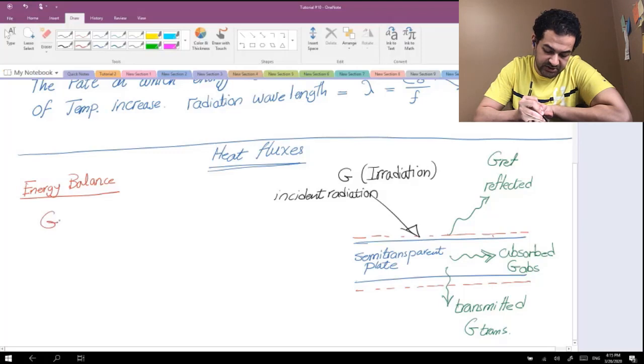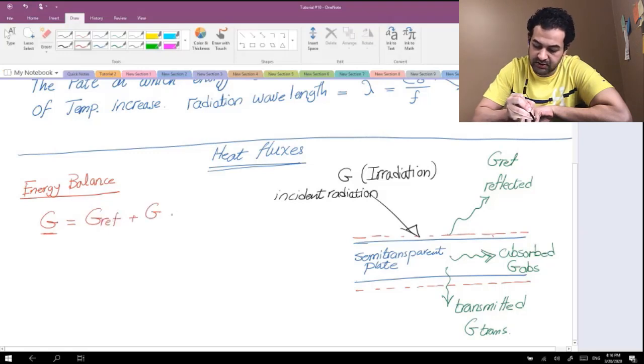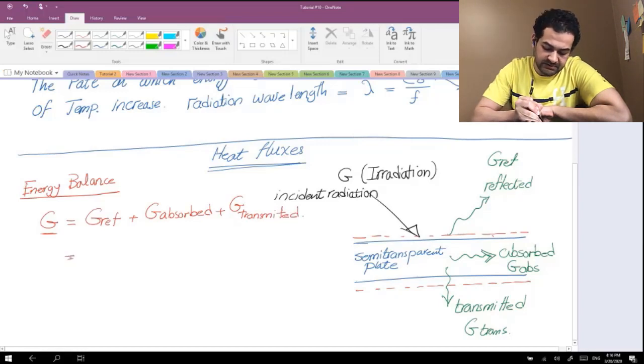So basically, G, the incident one, is equal to G reflected plus G absorbed plus G transmitted, which is G ref plus G abs plus G trans.